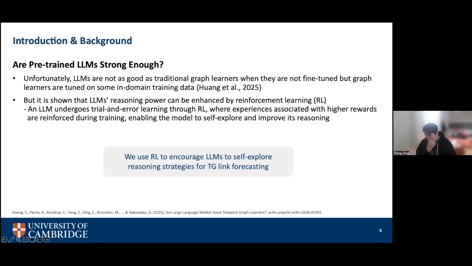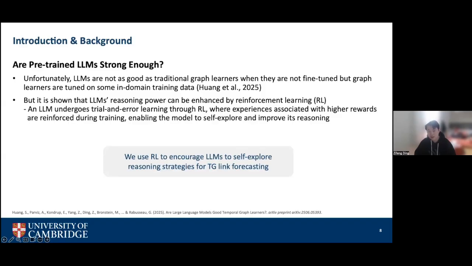He tried to use in-context learning to incentivize the ability of graph reasoning from language models, but we still found that the performance is not SOTA and cannot beat all of the SOTA trained models from the traditional perspective.